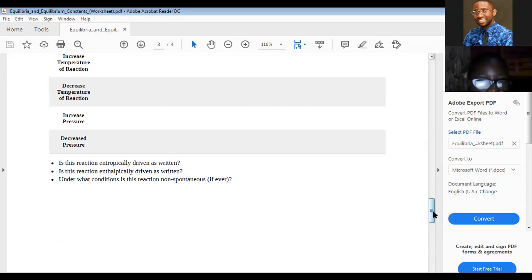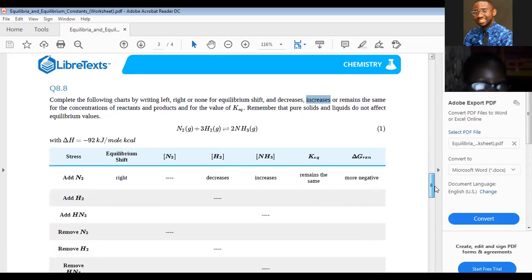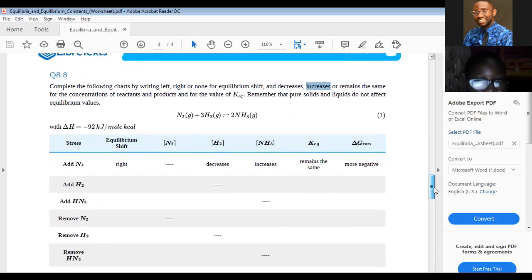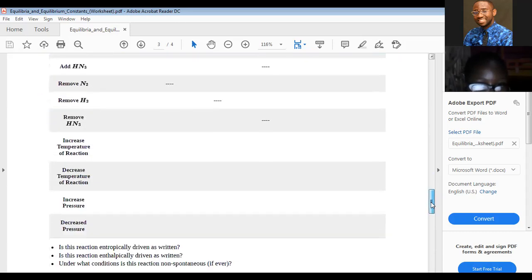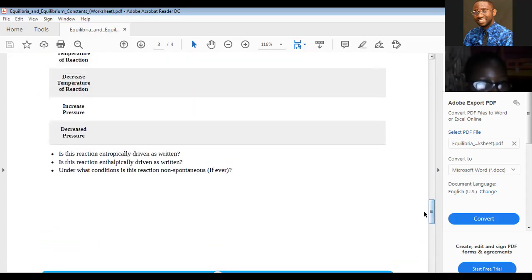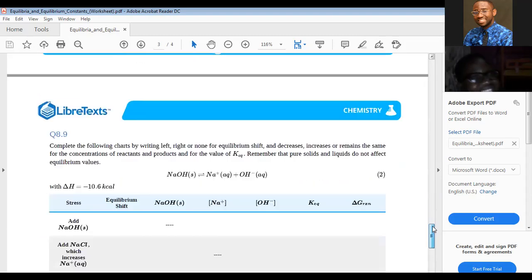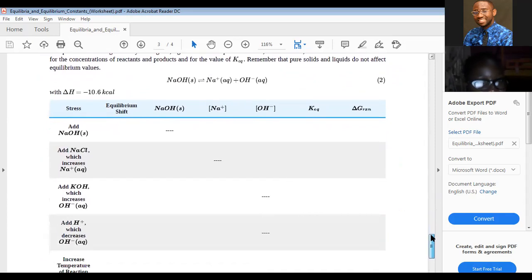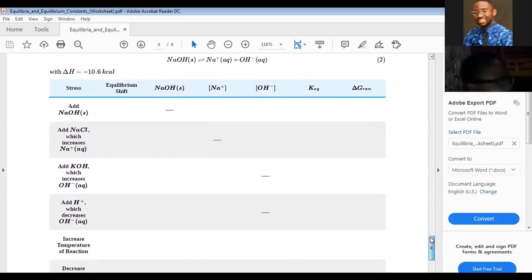To the right. Why? Because the right has fewer moles. Good. And decrease in pressure. Where will equilibrium shift to? The left. Okay. Awesome.